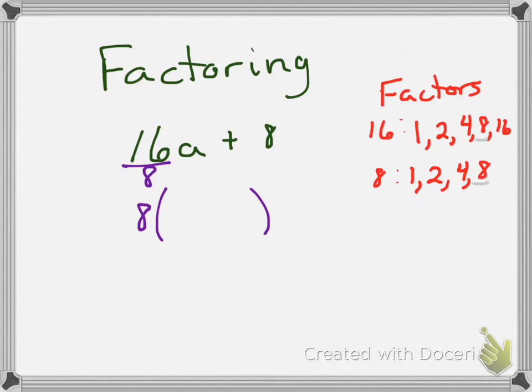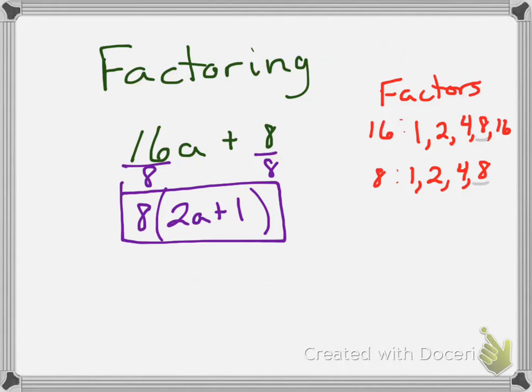So I'm going to divide 16 and 8 by the value of 8 because that's what I've taken out. So when I take 16 divided by 8, I come up with 2, and my A remains in the problem. Then I have to add 8 divided by 8, which is going to give me 1. And there is your answer. That is how you factor.